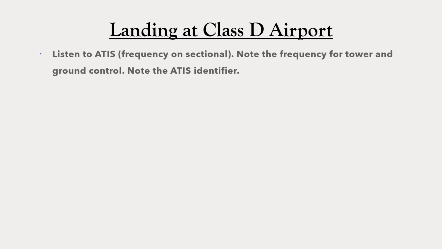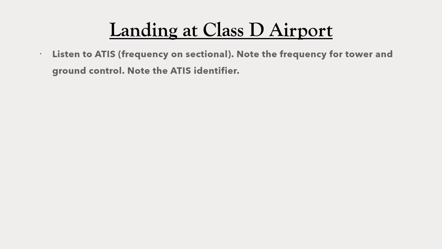When you're landing at a Class D airport, here are the procedures. The first thing you do is you listen to the ATIS. That is, you get the frequency off the sectional. That broadcast will usually tell you the frequency for the tower and the ground control, although you can also get that information from some other sources.